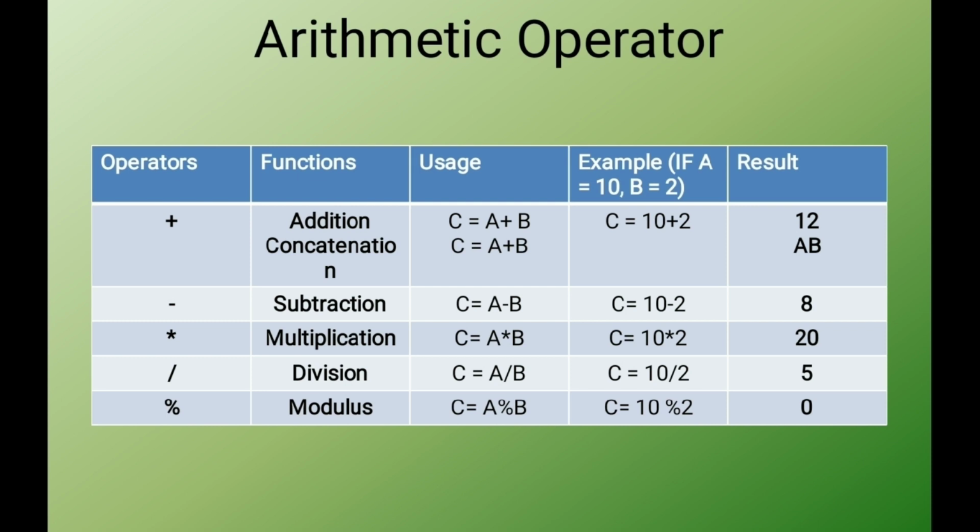We have the last one, that is modulus. Modulus operator helps you to return the remainder. Like if we have c equal to 10 modulus 2, all of you know that 2 multiplied by 5 is 10. When you divide 10 by 2, your remainder will be 0.